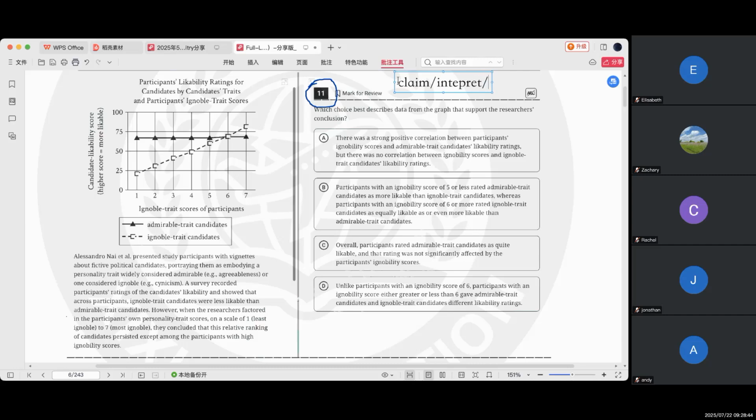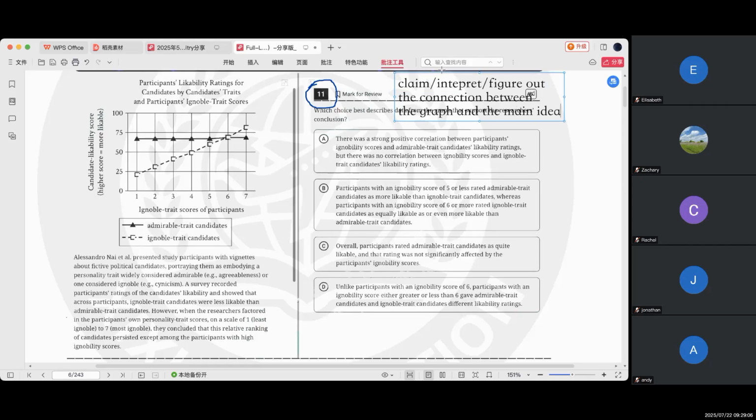Okay, and then try to figure out the connection between the claim, the graph and the main idea. And then go through all of the options. Okay. Let's take a try and see if you guys could get it right.